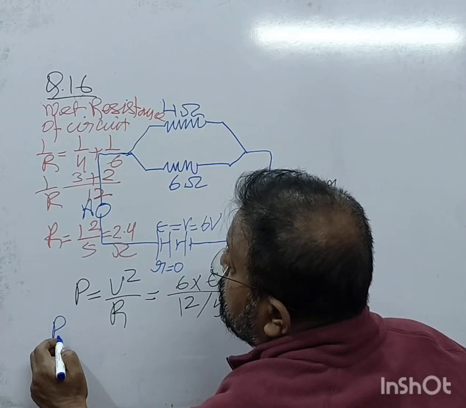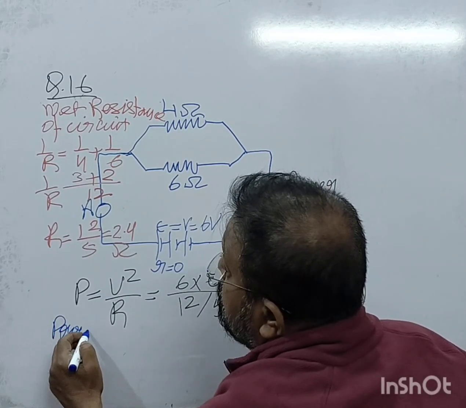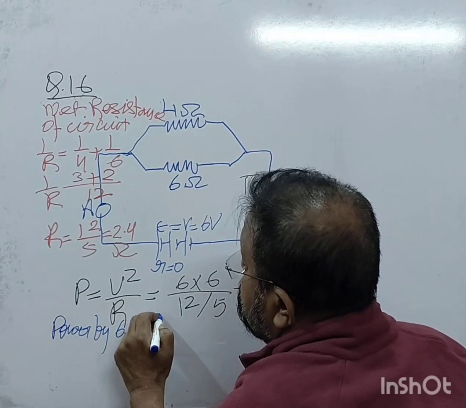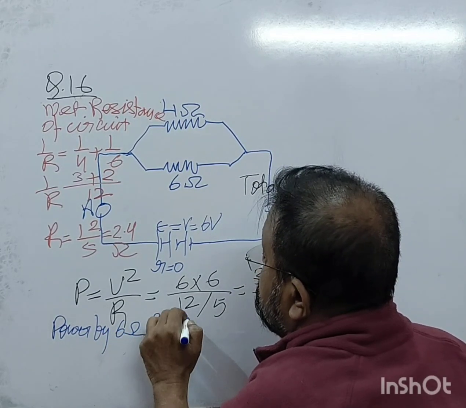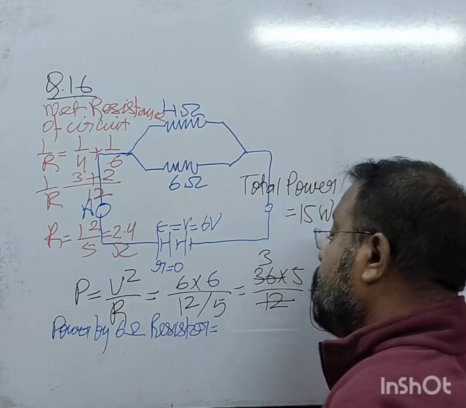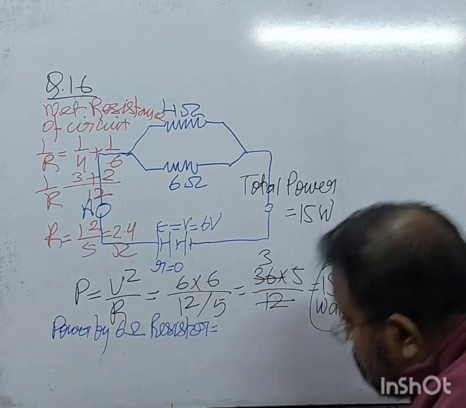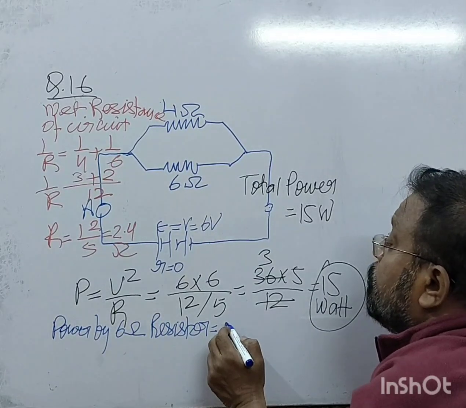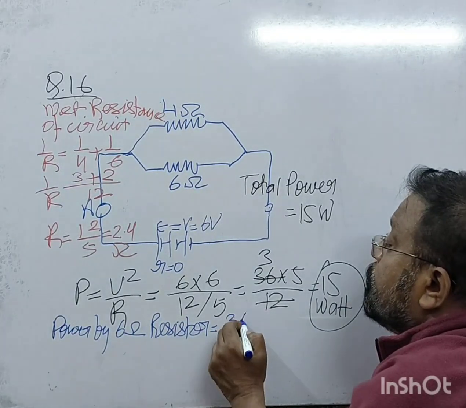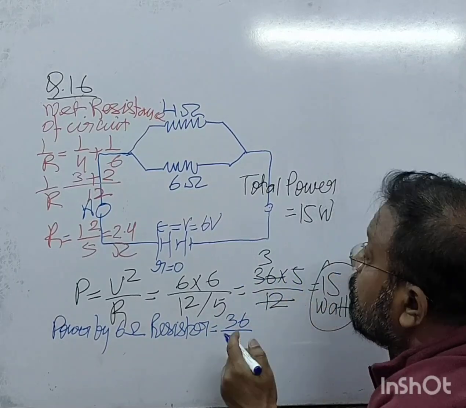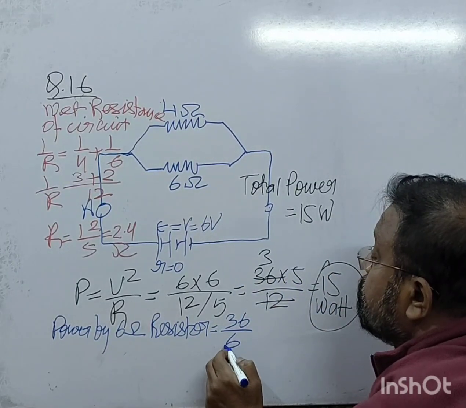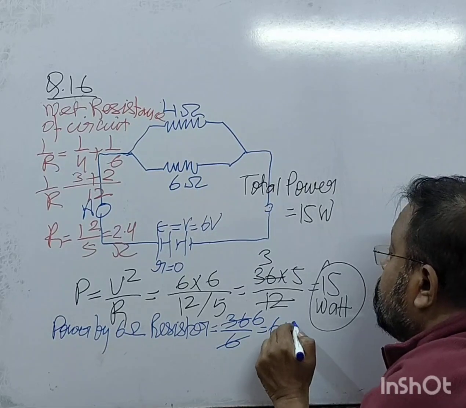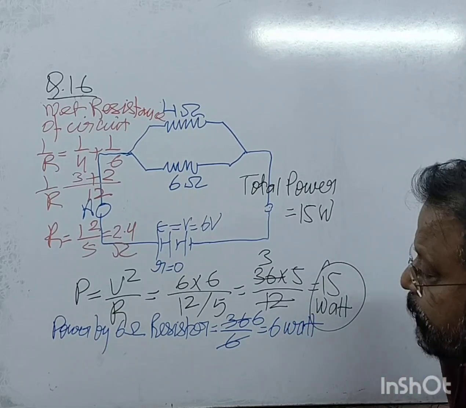Now power by 6 ohm resistor is equal to 36 upon 6. So 6 times 6 becomes 6 watt, right?